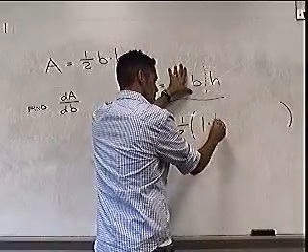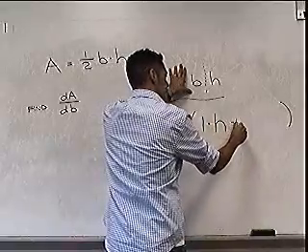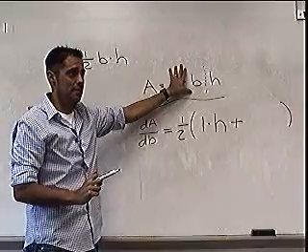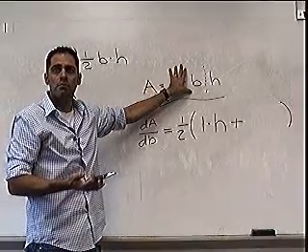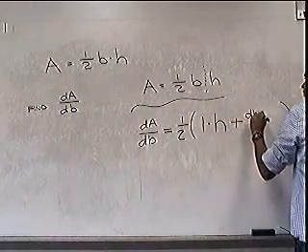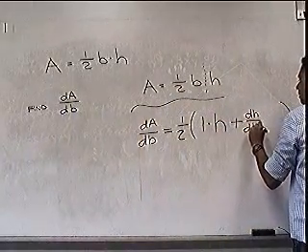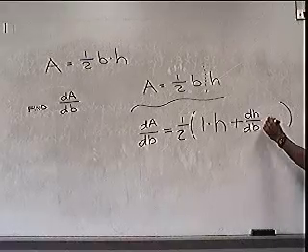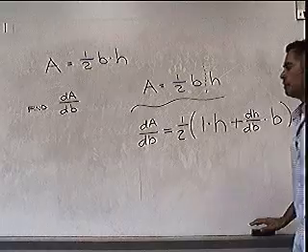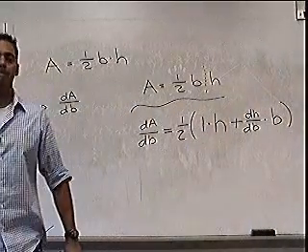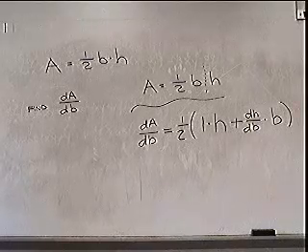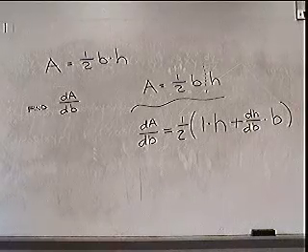H, right? Plus, now, what's the derivative of H with respect to B? I don't know. dH dB, exactly. It's dH dB. And then, times B. Following me?